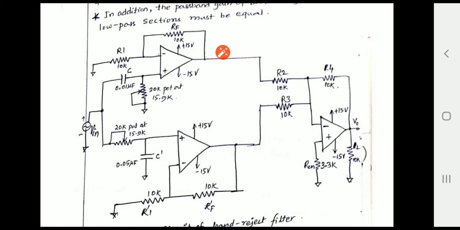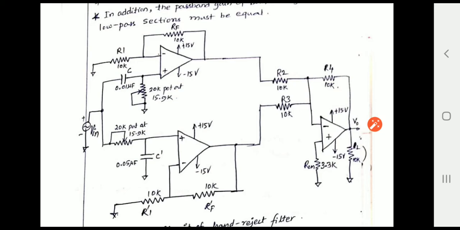These are the remaining frequency components of the input which pass through this circuit. To assemble the outputs of these two at the output side, we are using a summing amplifier. Initially the summing amplifier uses the R3 resistance to pass the output, and afterwards it uses R2 for the high pass filter to pass the output towards the output of this inverting summing amplifier.